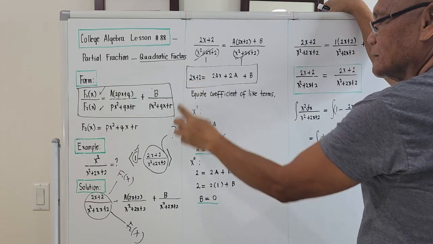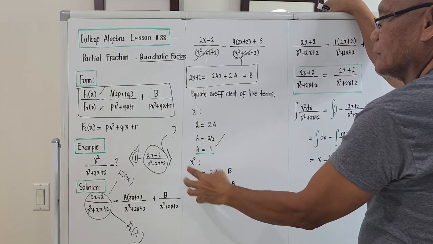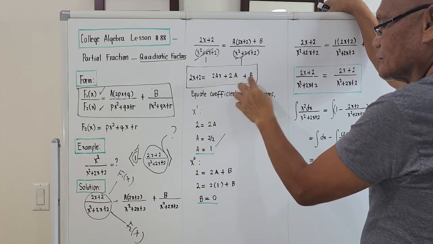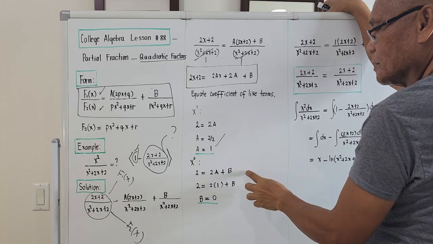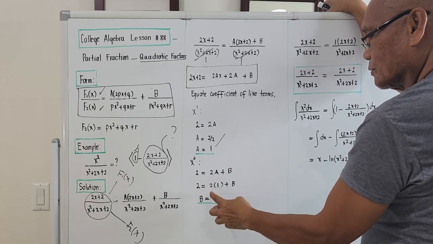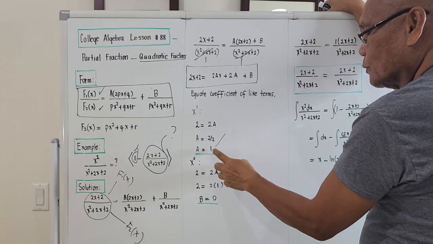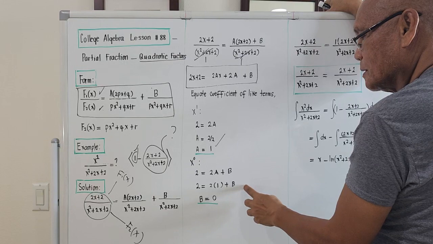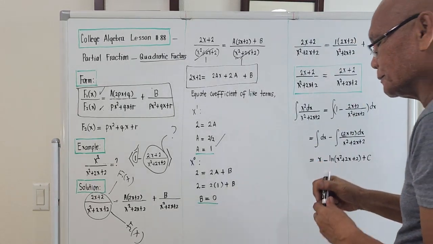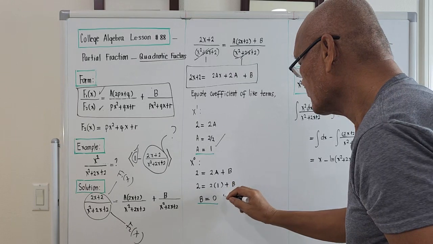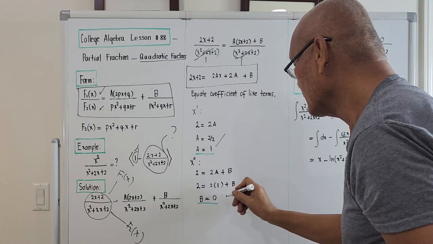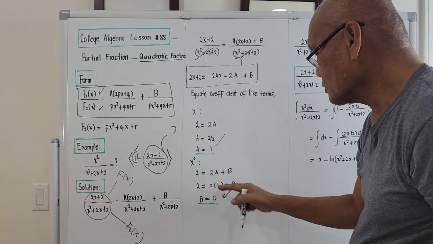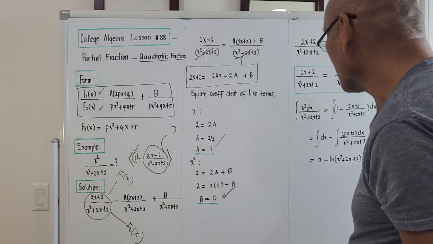For the right hand side, 2A is a constant and B is a constant, so this will be 2A plus B. So 2 is equal to 2 times the computed value of A, which is 1, plus B. So B will be 2 minus 2 if we transpose, therefore B is equal to 0.